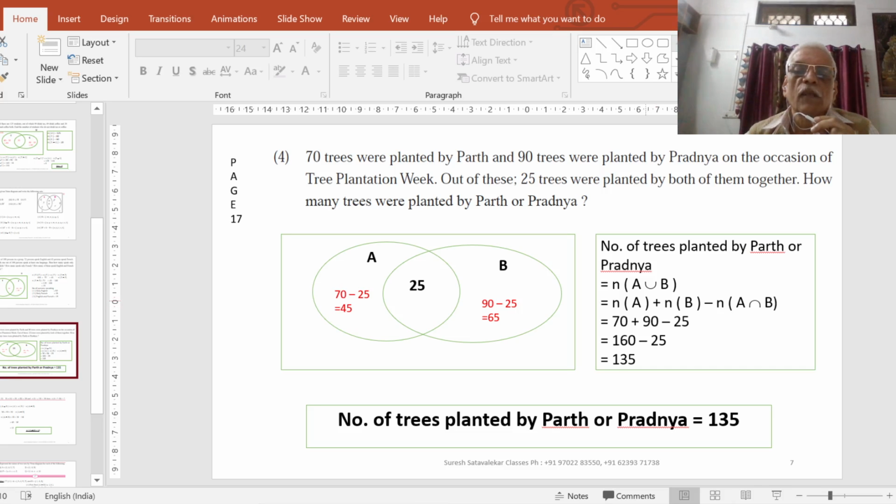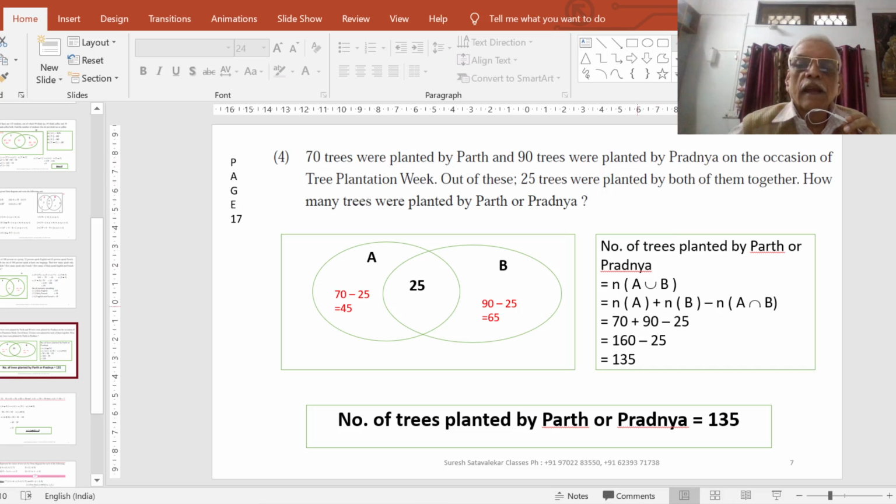Number of elements in A, that is, here both are starting with P, Partha and Pradnya. So I have not taken the letter P. We can take any letter. In the beginning we can write, let A be the set of plants planted by Partha and B be the set of plants planted by Pradnya.